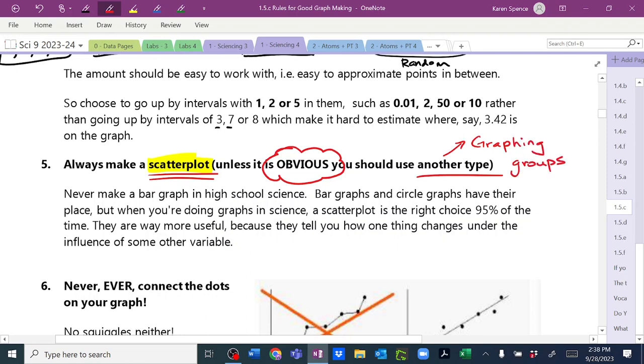If you're graphing groups, what kind of graph do you use? You use a bar graph. But if you continue to study science and go on to take physics or chemistry, you will never, in those classes, be using a bar graph. You will always be using a scatter plot, okay?